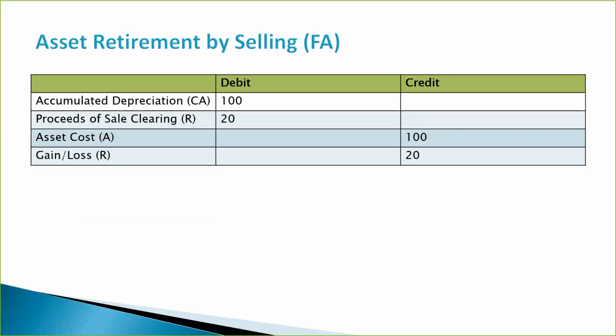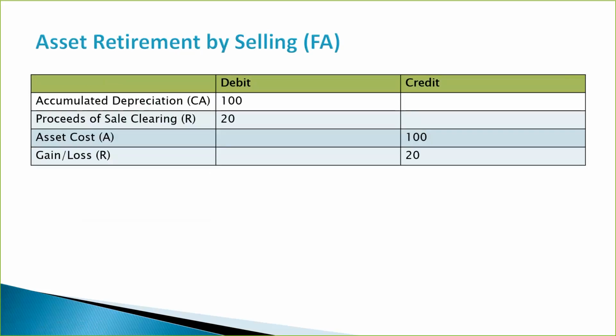Just because your asset has been fully depreciated in your books, based on the depreciation method and the useful life entered there, doesn't mean it does not have a value in the real world, in the market. And that's why it's called book value, whatever is calculated by your books, right? So your books might say that this asset has been completely expensed and it has no value, but you could still sell it in the real world.